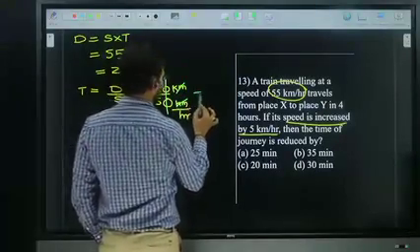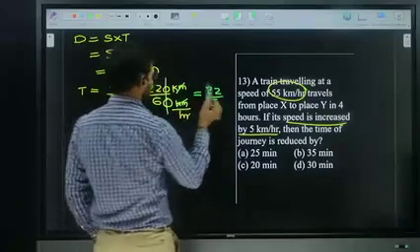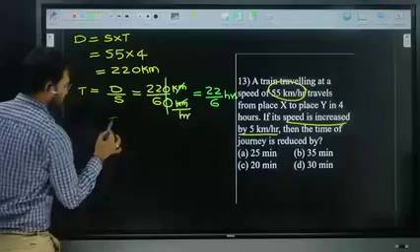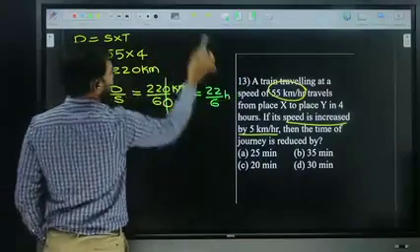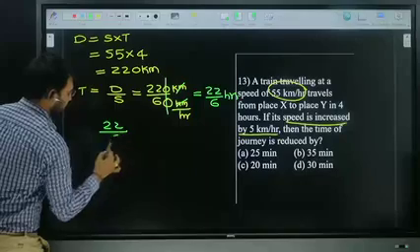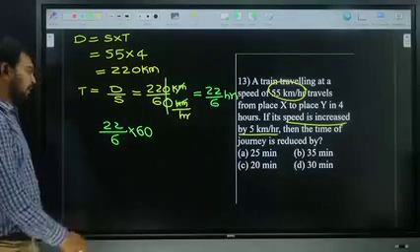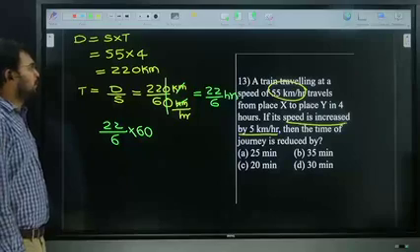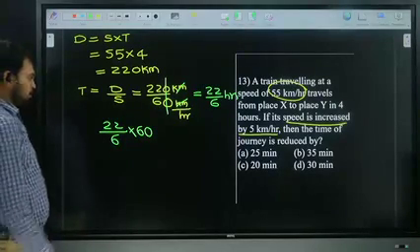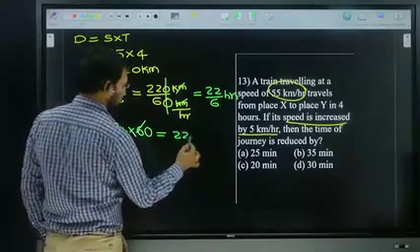That is nothing but 22 by 6 hours. But they're asking in minutes, so if you convert 22 by 6 into minutes, we need to multiply it with 60. That is nothing but 220 minutes.